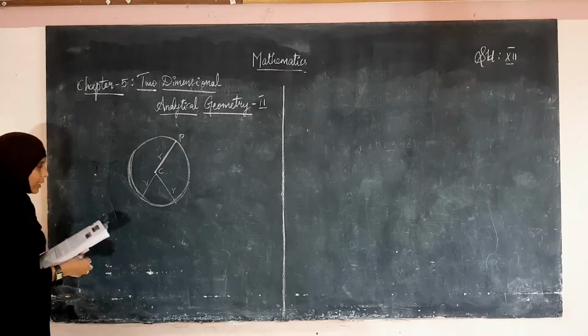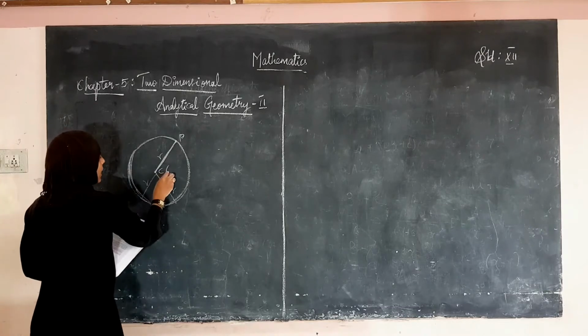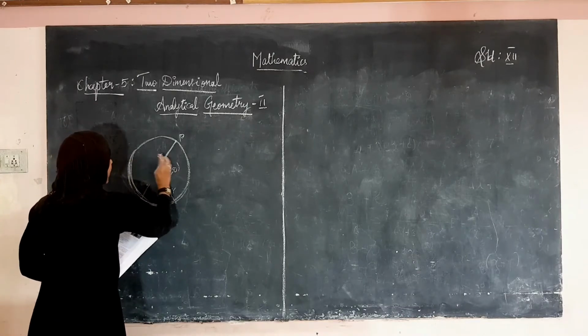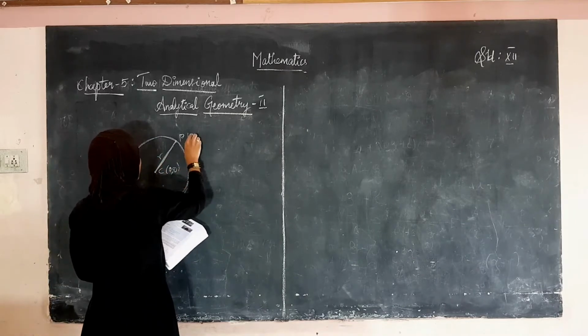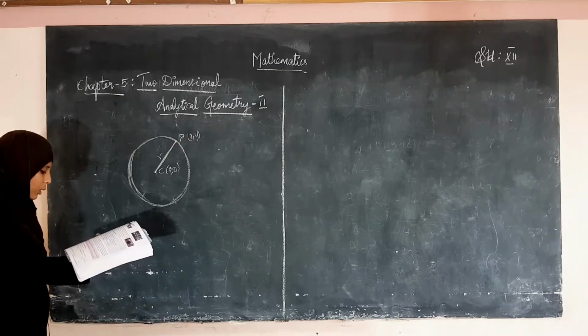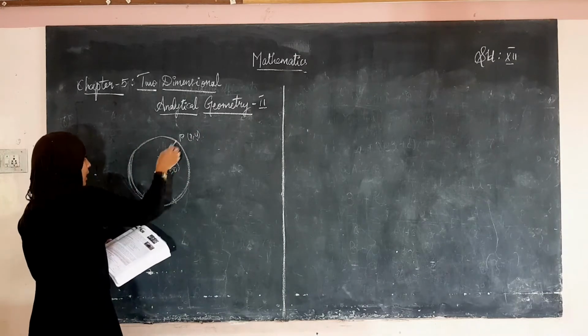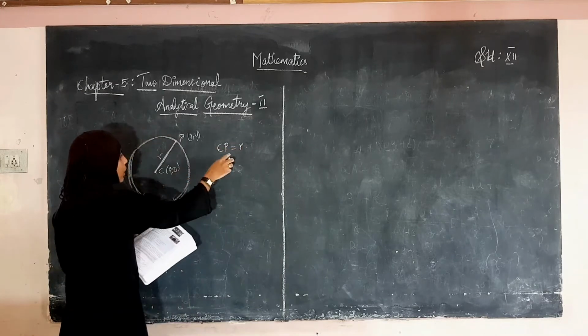Now let us see what will be the equation of a circle in standard form. Let us take the center as 0, 0 and the radius as r. Let this point be x, y. So this is C and this is P. We know that CP is equal to r, that is the distance is equal to r.